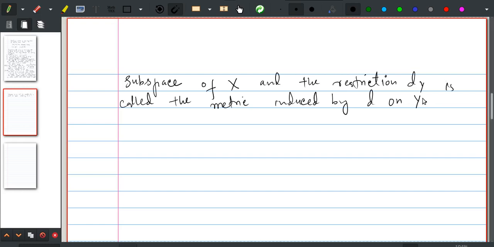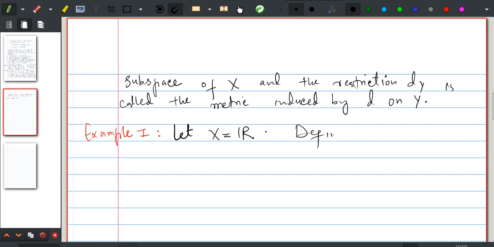So let us do some examples. We have the first example. Let X be the set of real numbers.